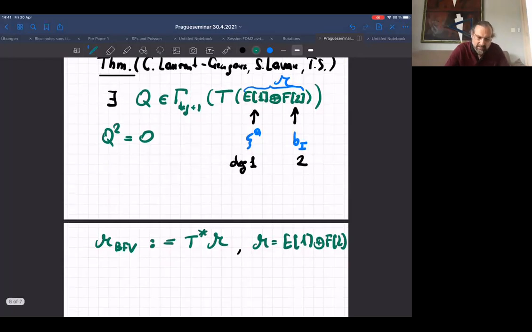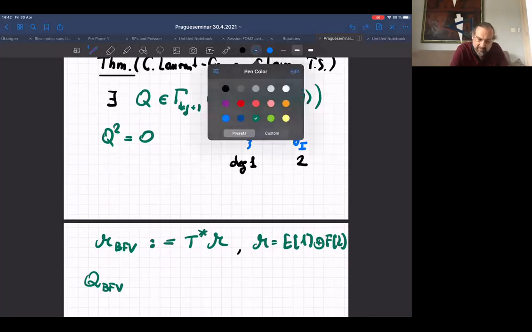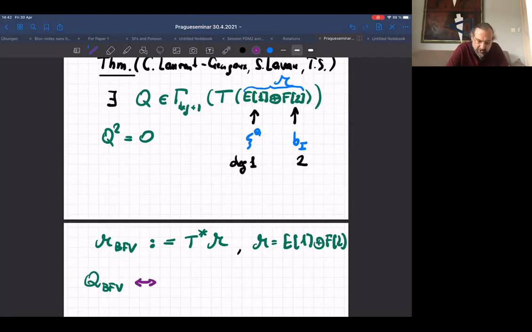And we reinterpret this vector field as a function on T star M in the same sense as you mentioned before. So Q BFV we identify with the charge Q, the vector field Q, sorry, and we assume here that this is a good choice.